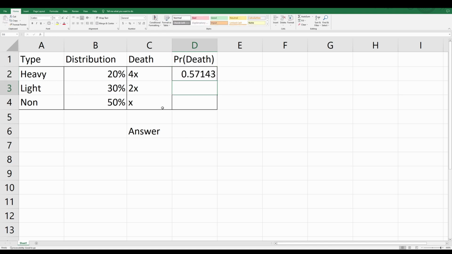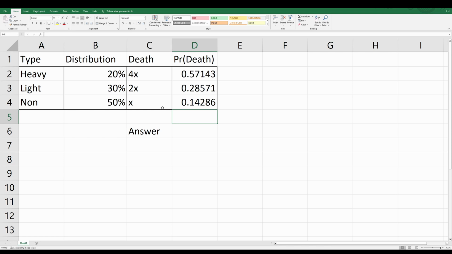So that's the probability of death if you're a heavy smoker. The probability of death if you're a light smoker is going to be 2 divided by 7. And the probability of death if you're a non-smoker is going to be 1 divided by 7. And the sum of this will be equal to 1, because that's just how the sum of all probabilities needs to equal 1.